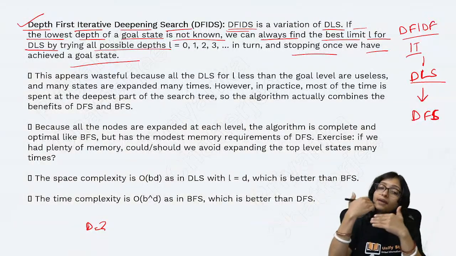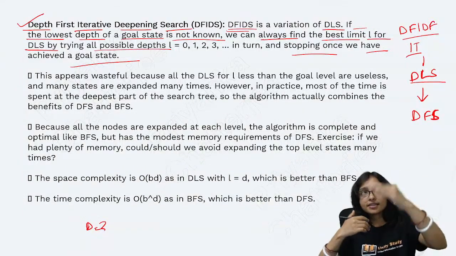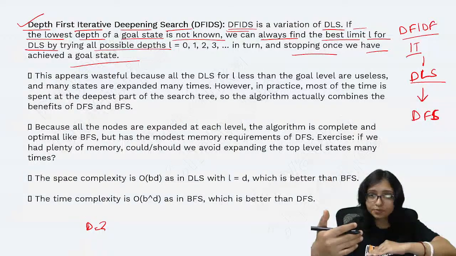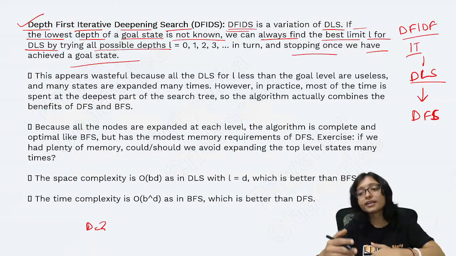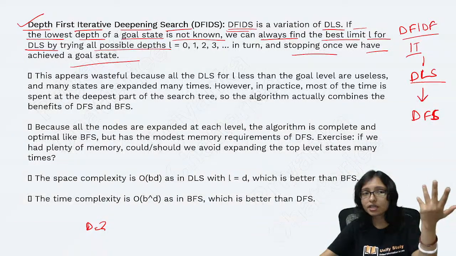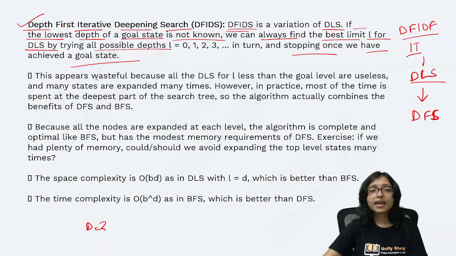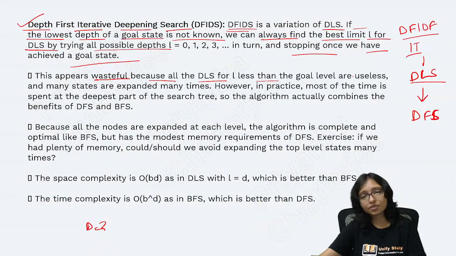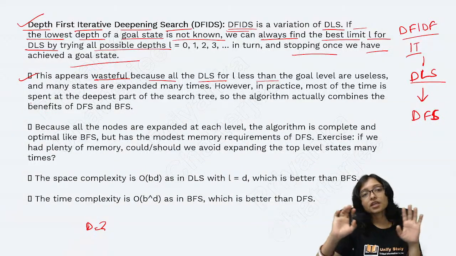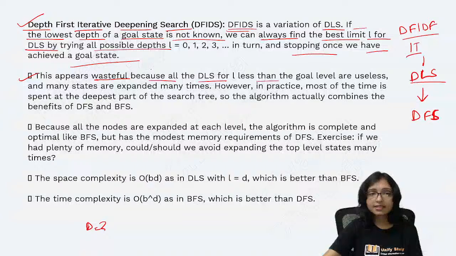So I add an iteration: if I am not getting it at this depth, let's try the next depth, and if not, go deeper. That is the simple concept. It appears wasteful because it expands states many times. Is that clear?